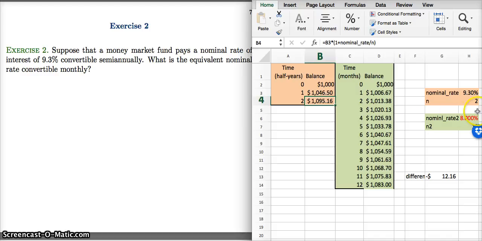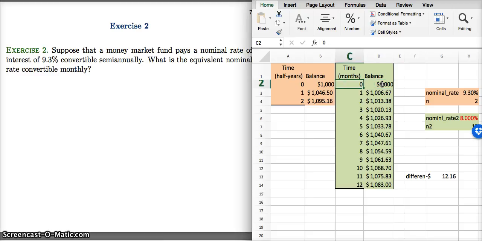Now, I want to find a rate that's equivalent, that's convertible 12 times a year. So I'm going to make a guess. I'll say 8%, and I'll start with the same initial deposit of $1,000.